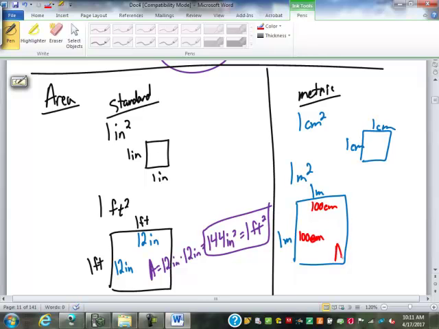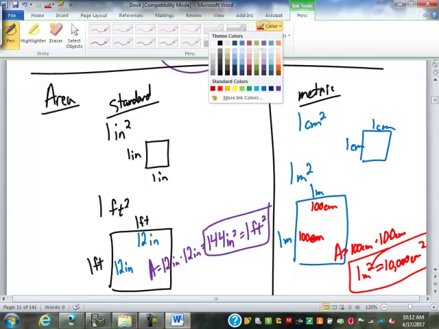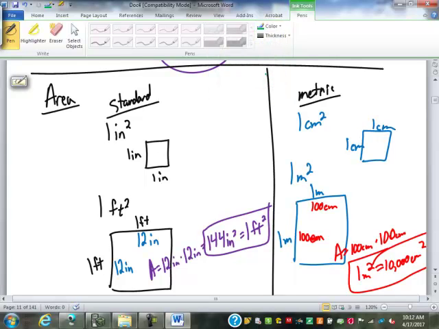So the area of that, 100 centimeters by 100 centimeters, is 10,000 square centimeters in 1 square meter. We have to be careful with that. Any questions? That will be in my math lab, and we will talk more about it on Wednesday.